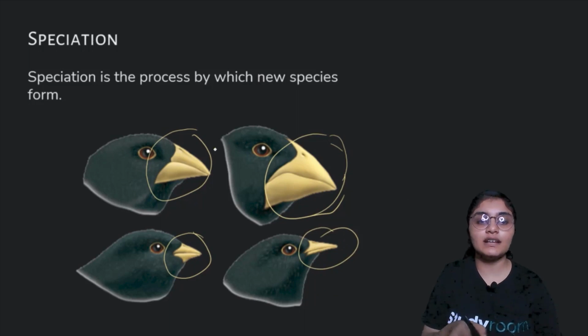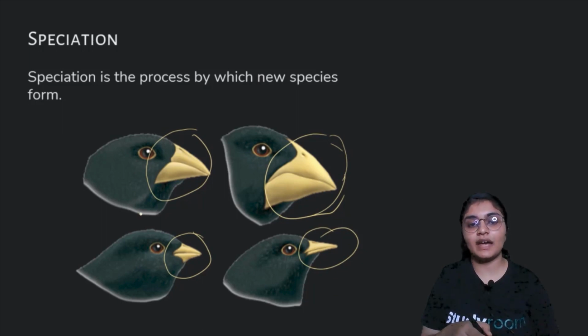Since they have the same features and characteristics, we can say that they originated from the same species and have a common ancestor, but they have formed into different species because they developed new kinds of big beaks due to their feeding habits, right?